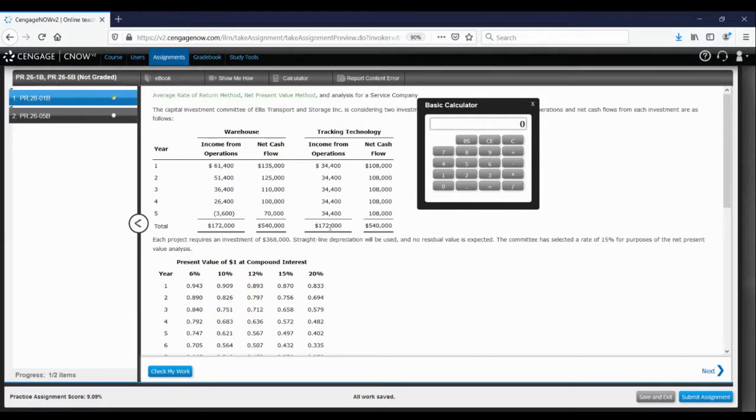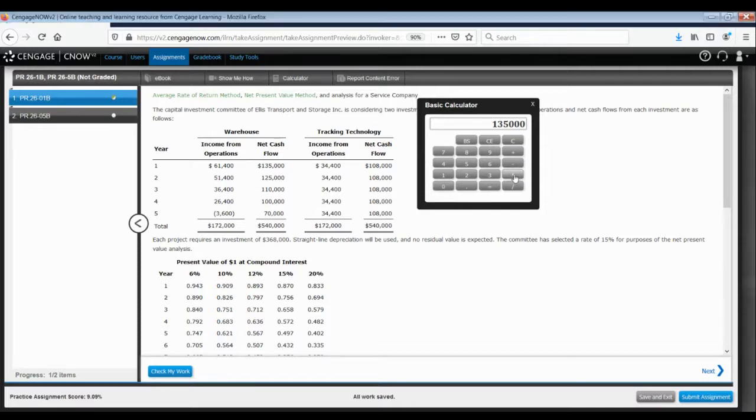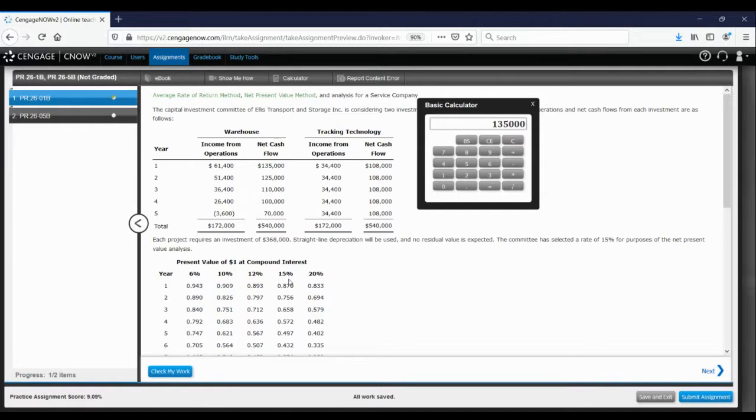And so we're going to take the warehouse, we're going to start with it first. The very first net cash flow of $135,000, we're going to multiply that by the table value for 15% interest for the first year, which is 0.870. That's the table value at 15% for 1 year.